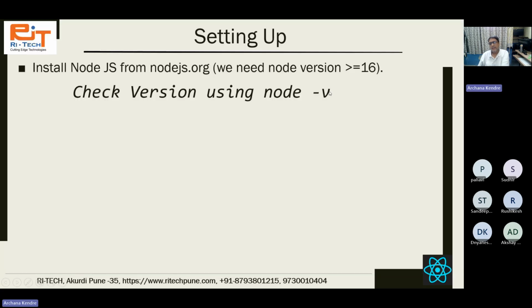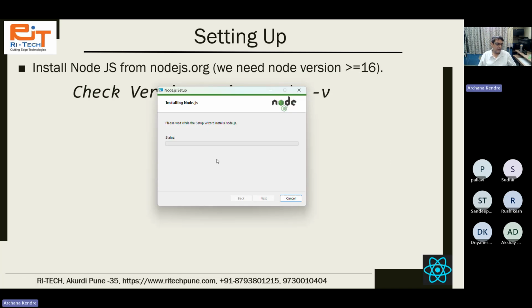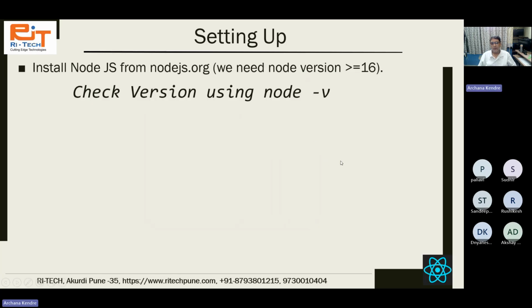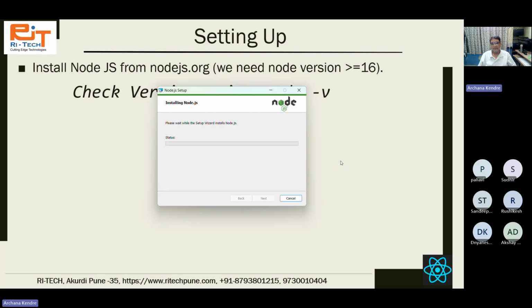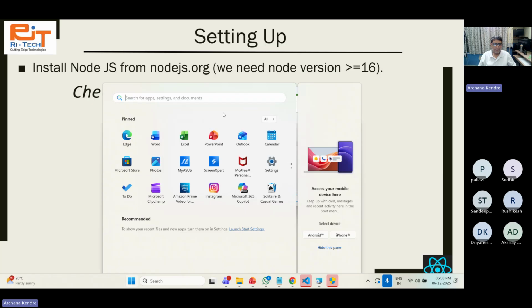So we need Node.js version greater than or equal to 16. How to check whether Node.js is installed or not? You can do that using the node -v command. So it's installing.